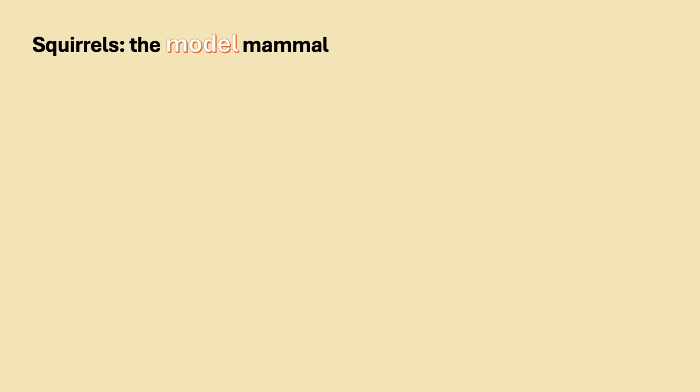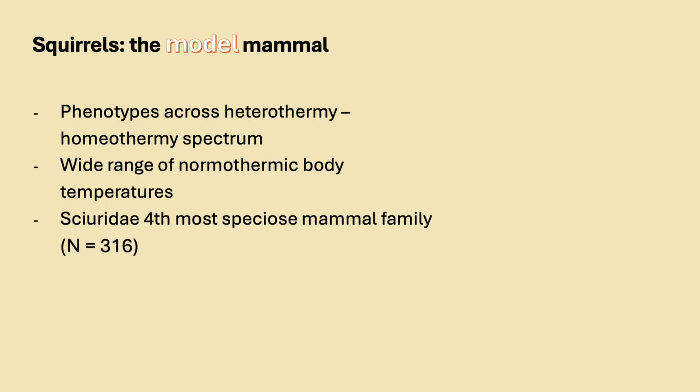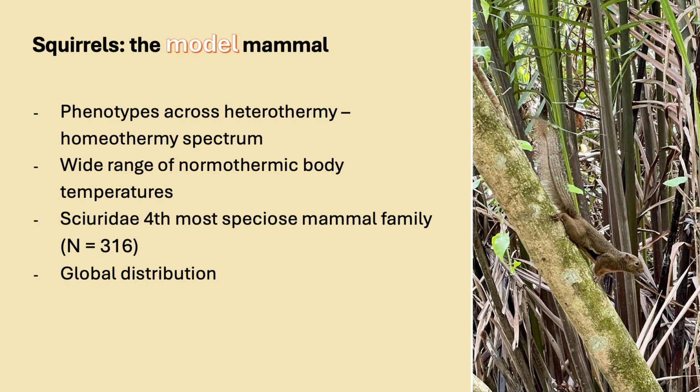And I would assume at this point that you are all Team Squirrel as being the model for studying thermoregulatory physiology in mammals, and that is because they show all of these different kinds of ways to regulate body temperature and metabolism, and they are also pretty much everywhere. You can find them in most places in the world, and there are a lot of different kinds of them.